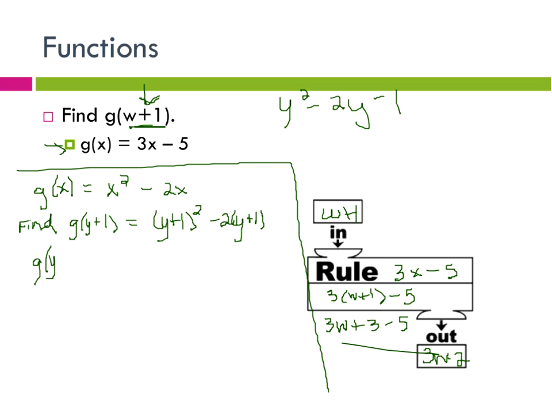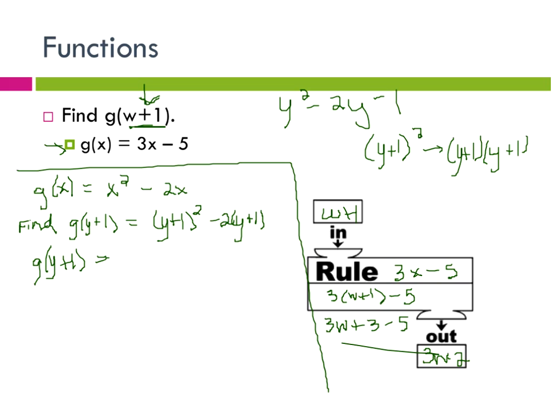What I want to make sure that I highlight here is that y plus 1 quantity squared, we need to make sure that we look at that as y plus 1 times y plus 1. This is a binomial that we need to look at.